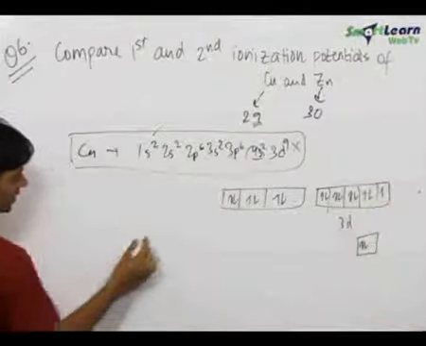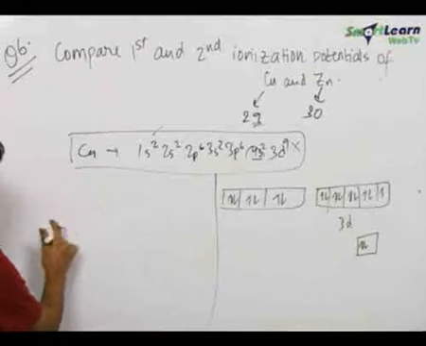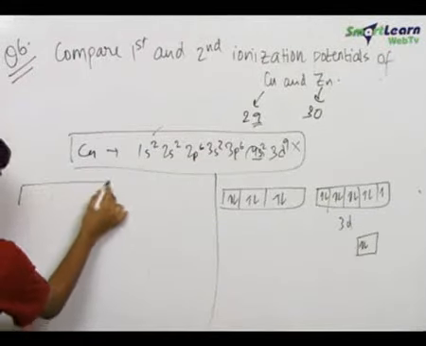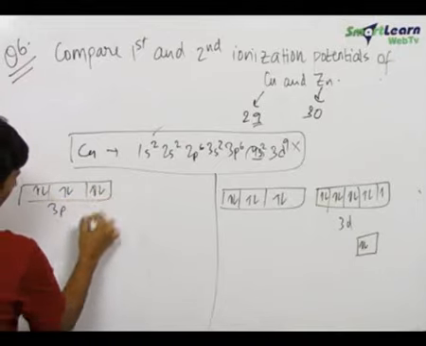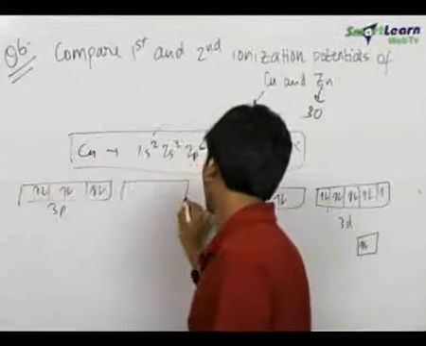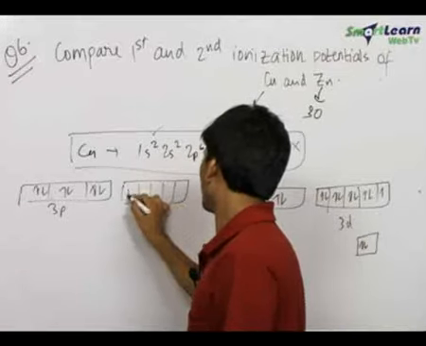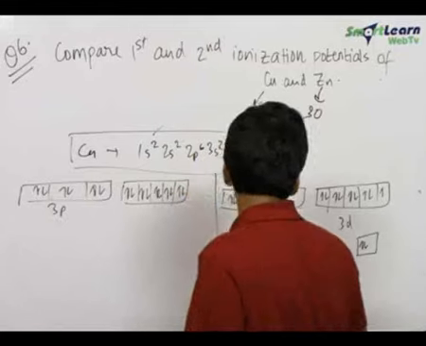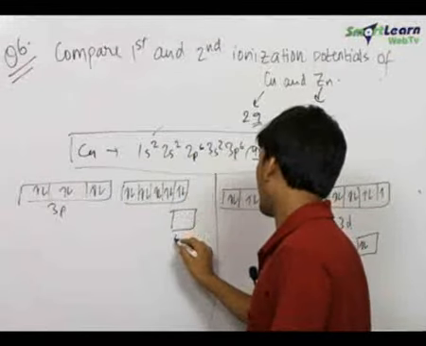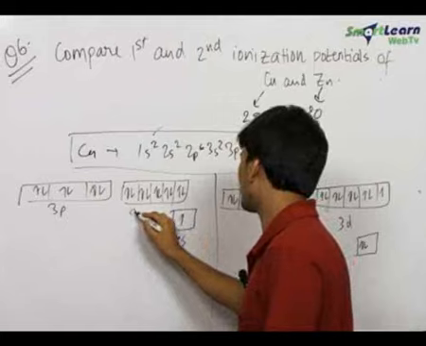Now instead of this, if we did it like this, that the 3p orbitals are fully filled and we fill up the 3d orbitals and this 4s has only one electron.